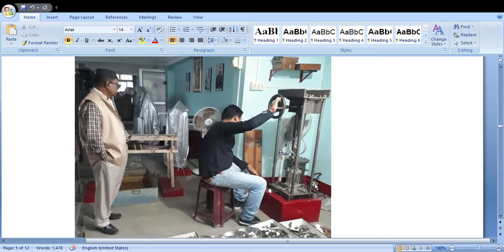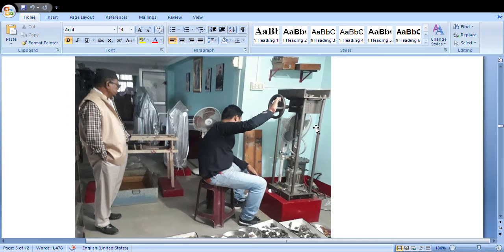There is no confinement. This one is the loading gauge, another is the strain gauge. With the strain gauge, we can measure the displacement, the shortening of the test specimen.